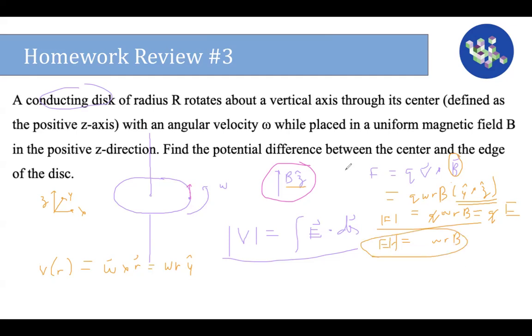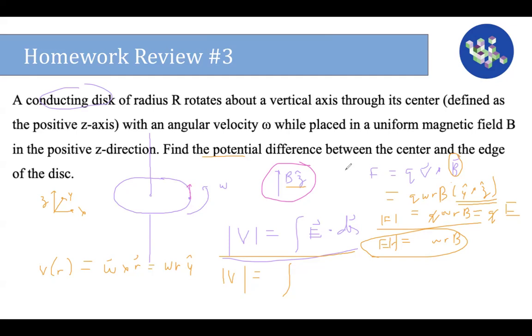And then, as for the potential difference between the center and edge of the disk, now I can just apply this formula I have over here. So the magnitude of V is just equal to the integral of E dot ds. Well, how do I know which direction my electric field is?